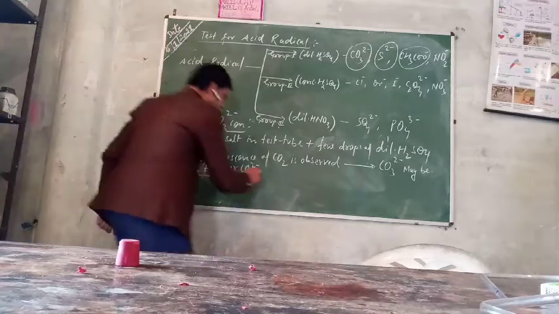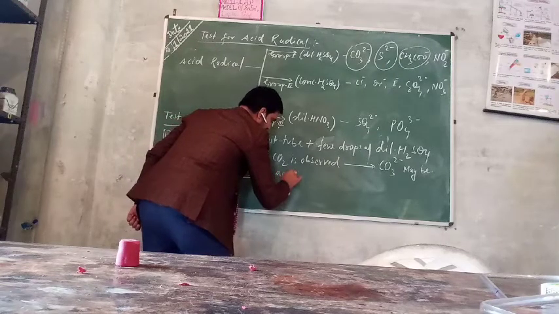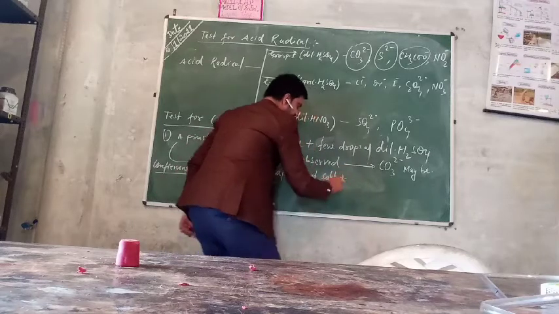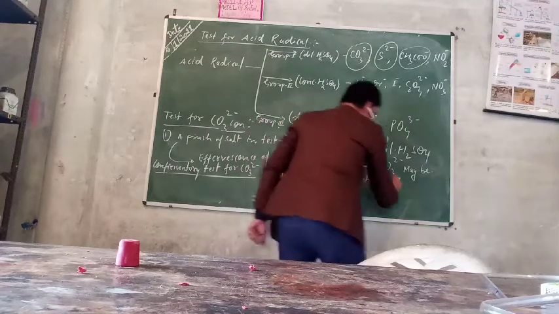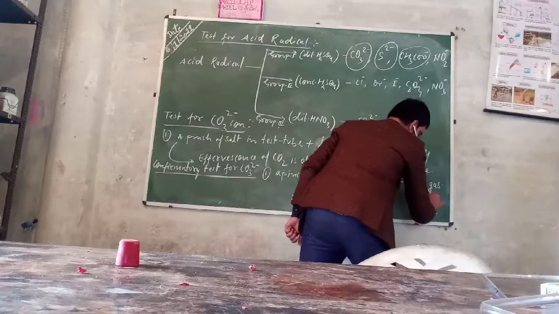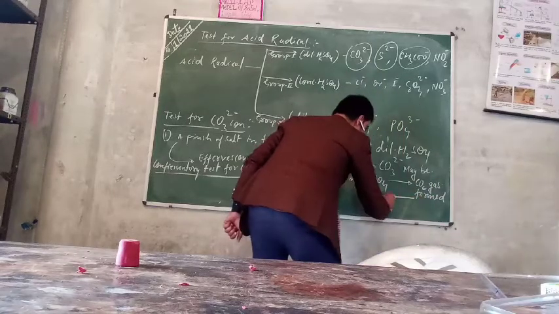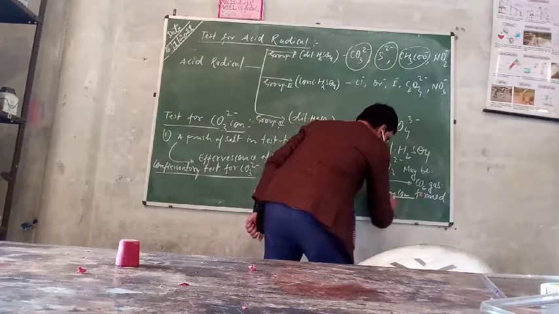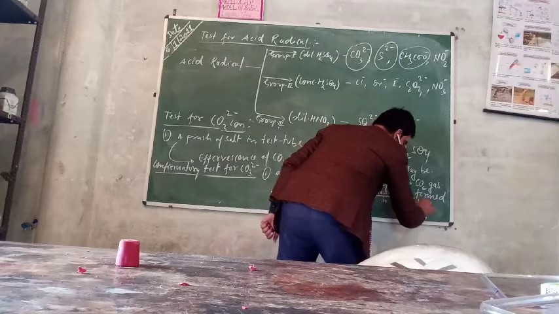First, a pinch of salt plus dilute H2SO4, CO2 gas is formed, and by passing this CO2 gas into the lime water, the lime water becomes milky.